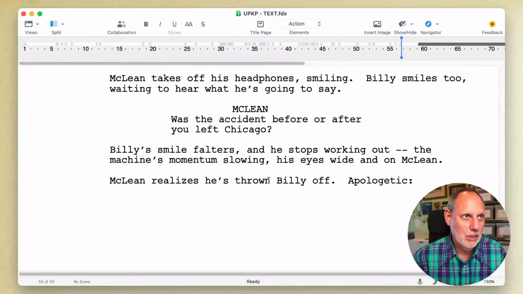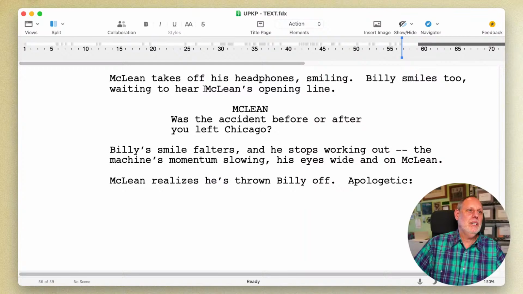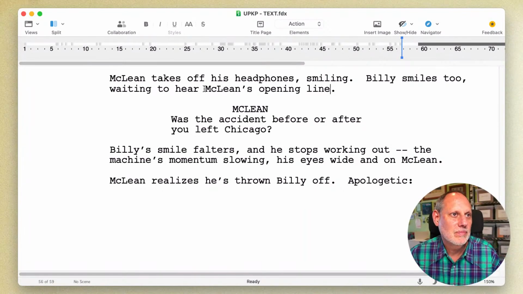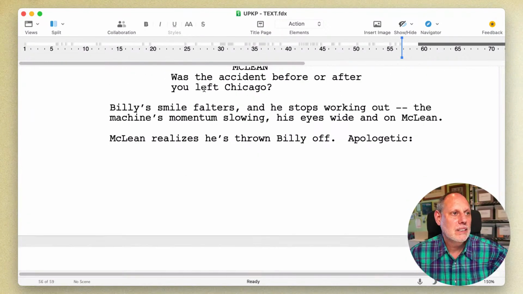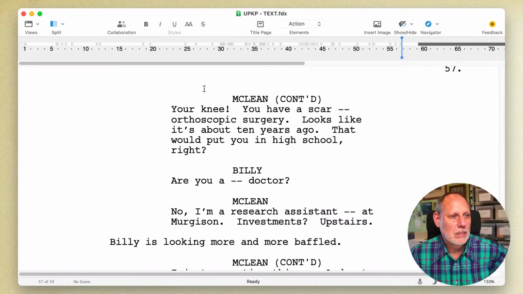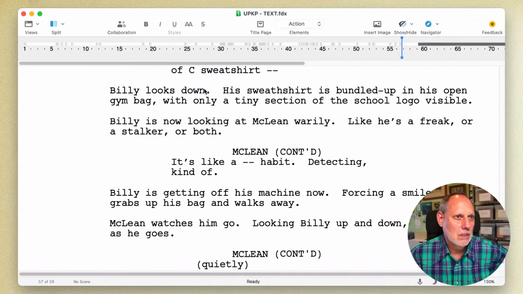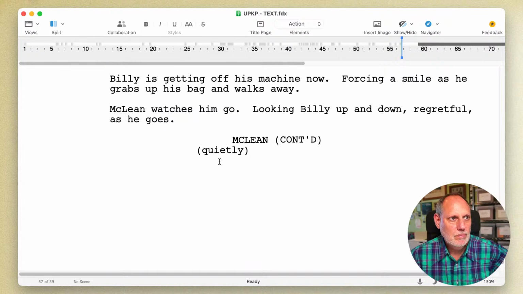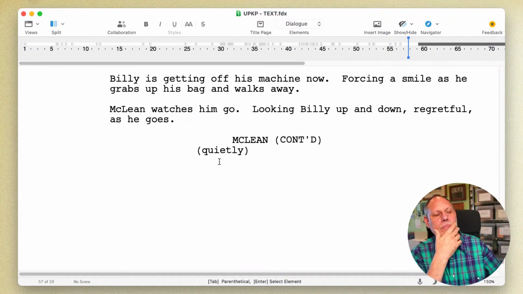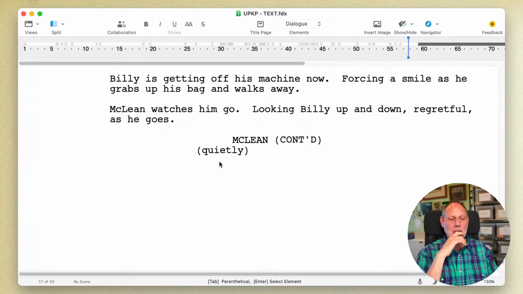Waiting to hear. Opening line. His move. Okay, so now he has to make some final observation as Billy's walking away.